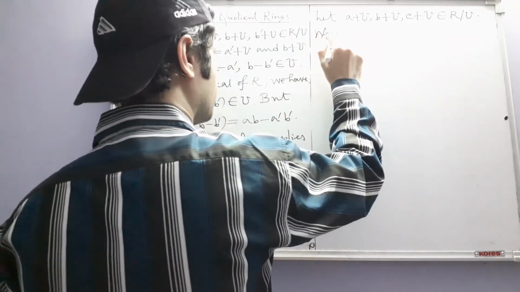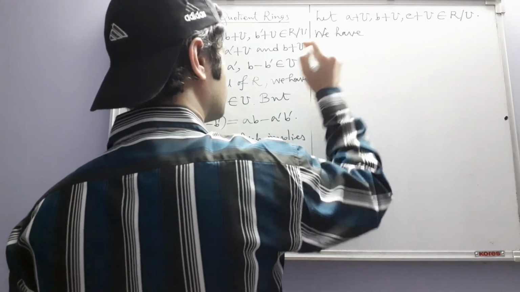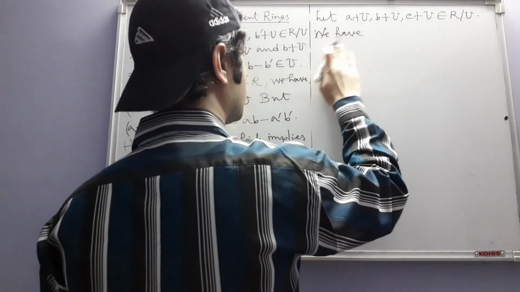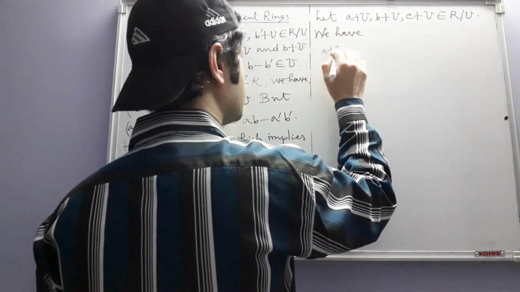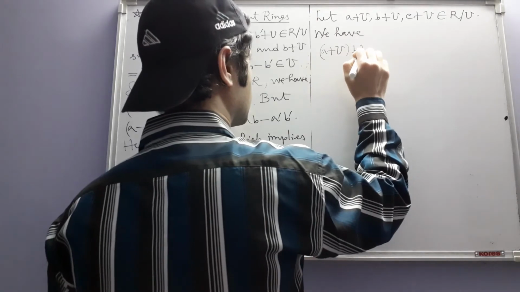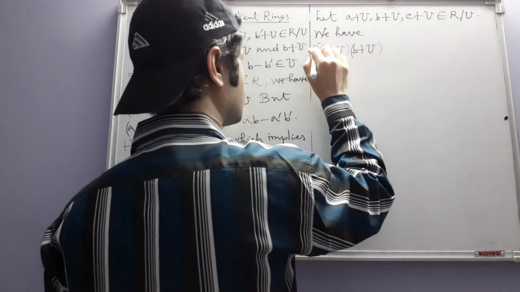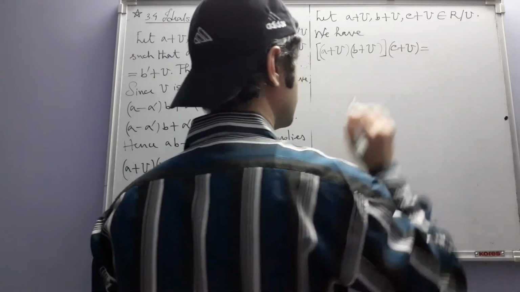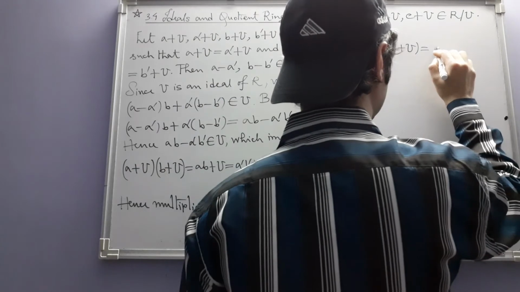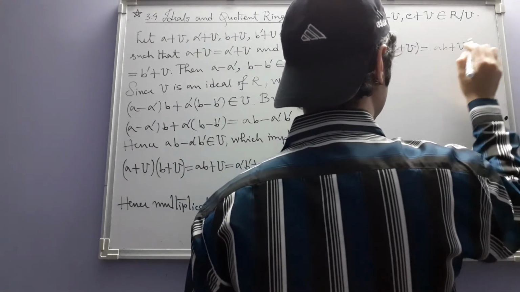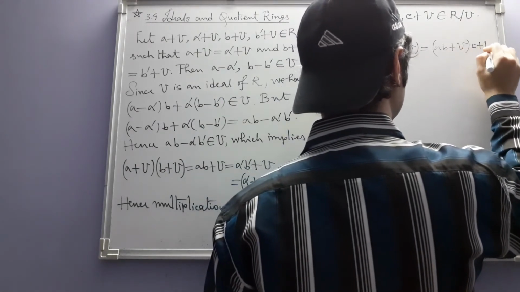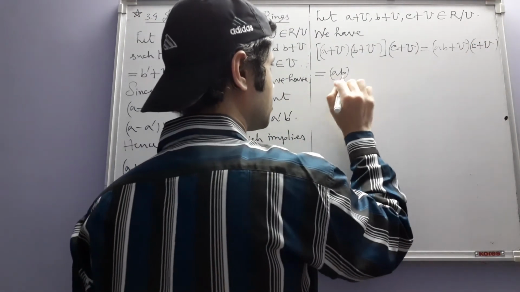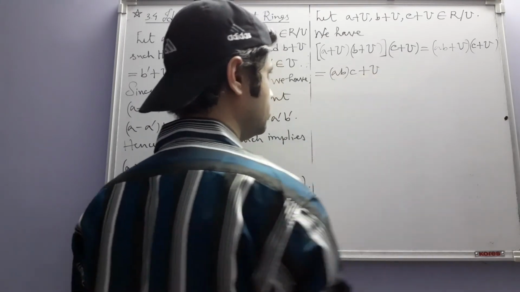Then we have the following. First of all, (a plus u) times (b plus u) times (c plus u). According to our definition of multiplication, this is (ab plus u) times (c plus u). This is equal to (ab)c plus u.